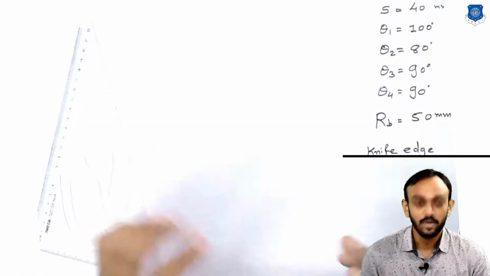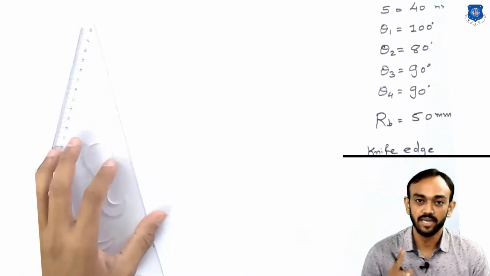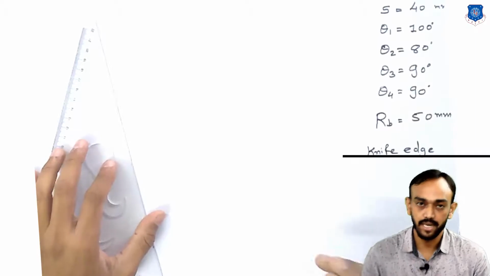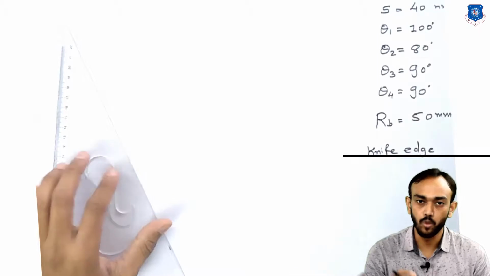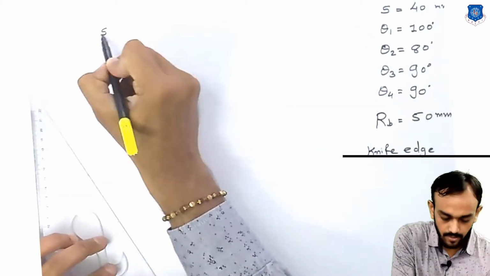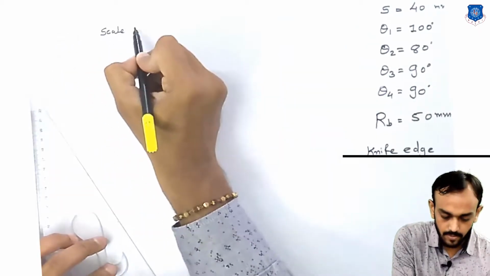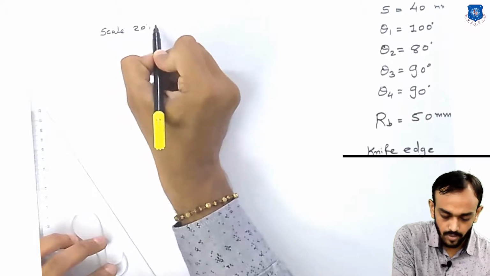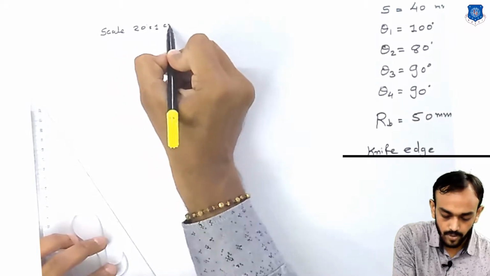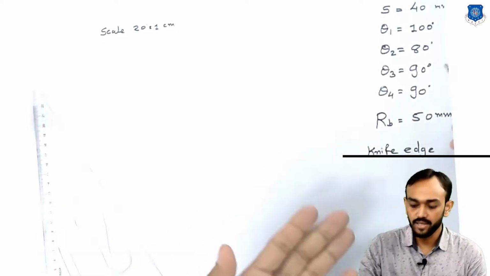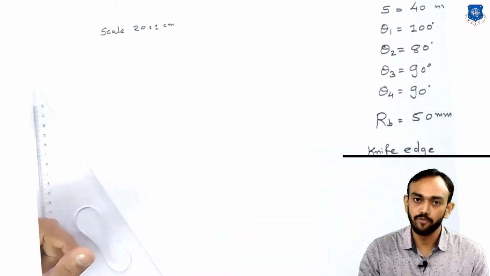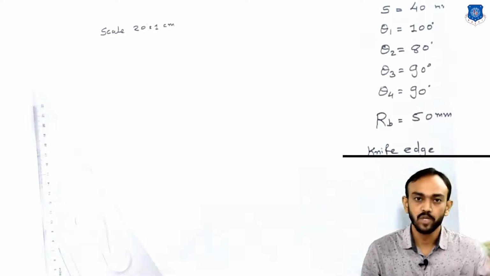Okay, let's start with the displacement diagram. For the displacement diagram, we have taken the scale 20 degrees equal to 1 centimeter. So we have to convert all the angles, theta 1, 2, 3 and 4, from degrees to centimeters.